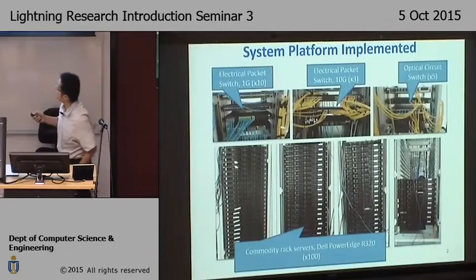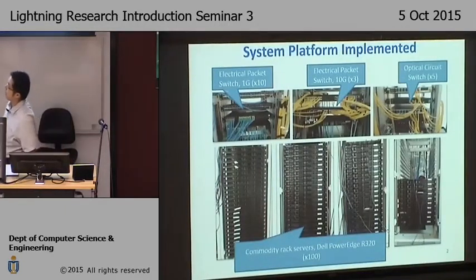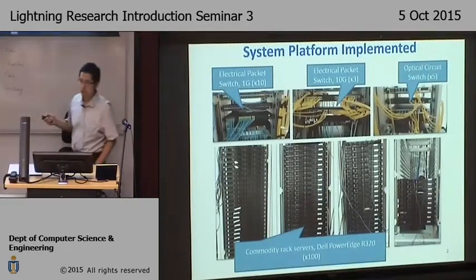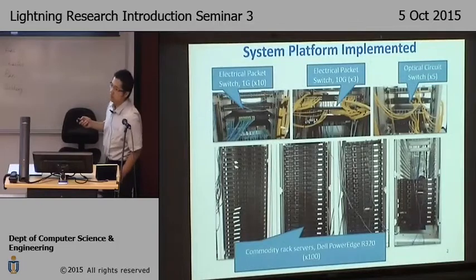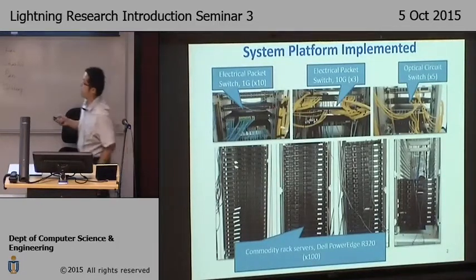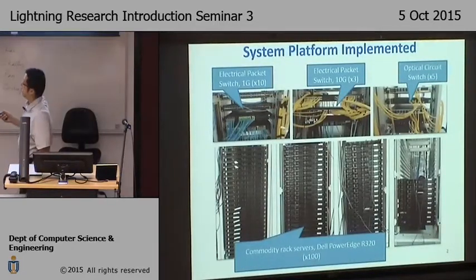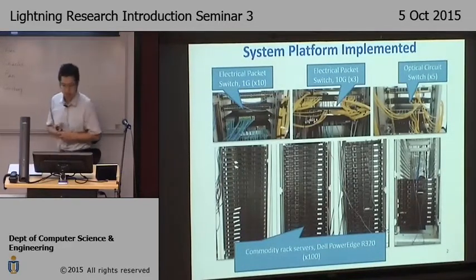If you see from the left, here we have over 10 1G electrical packet switches, each of which has 48 1G ports and 4 10G ports. In the middle, we have a 10G electrical packet switch.